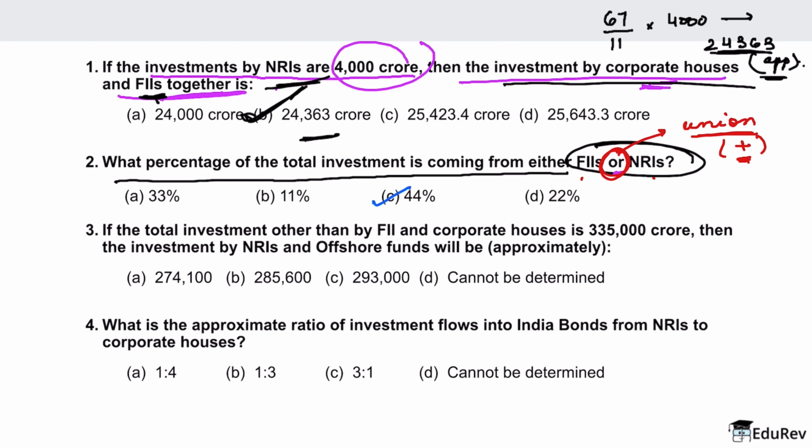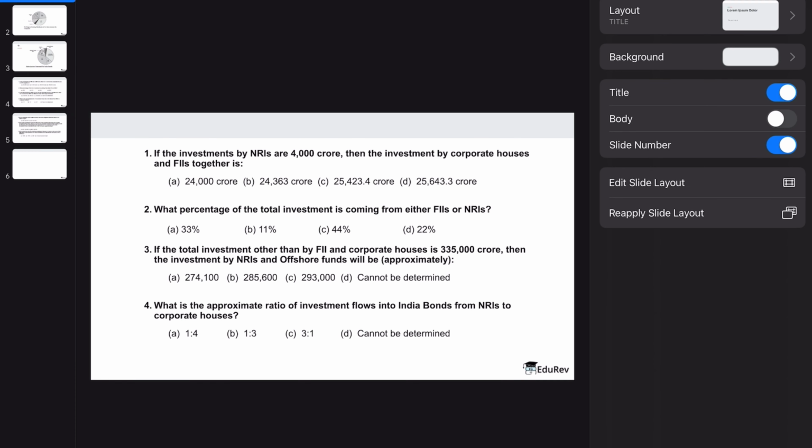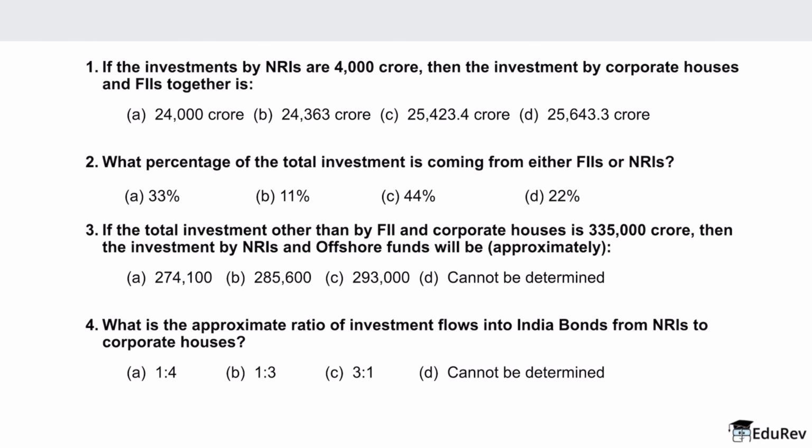Correct? Next question. Next question says, if the total investment other than by FII and corporate houses is this, that means if I exclude the investment by FII and by corporate houses, when I say and, that means intersection. Oh my god, I'm so sorry, but here let's see. When I say and, where is it? Yes, here. So when I say and, here it was 44%, I guess.